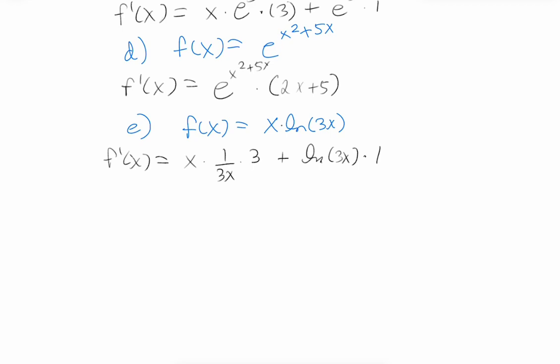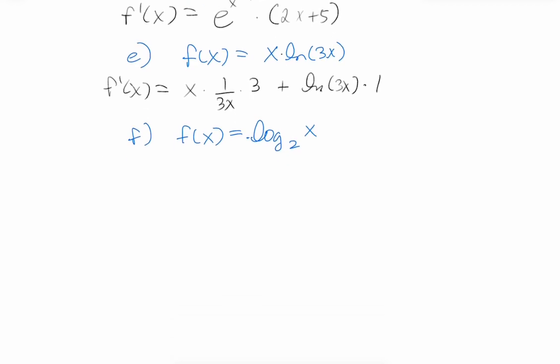Okay. Now let's do some logarithms that aren't natural logs. So let's do a log base 2 of x to start. Now, logarithms work like logarithms work. It is just 1 over the inside.